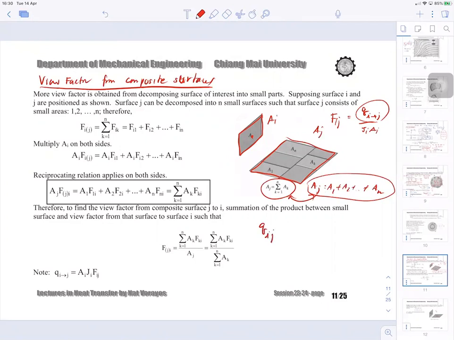Let me write it down here. Qi to j is going to be equal to Qi to area 1 plus Qi to area 2 plus Qi to area N. And then if you divide by Ai, Fij, on both sides.